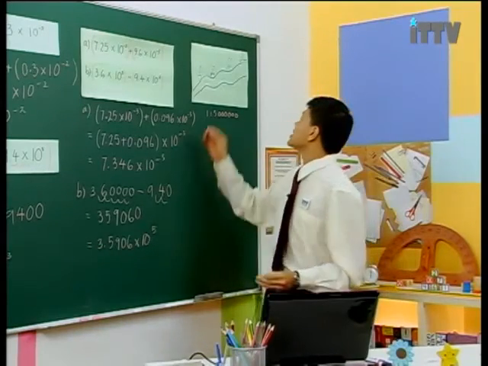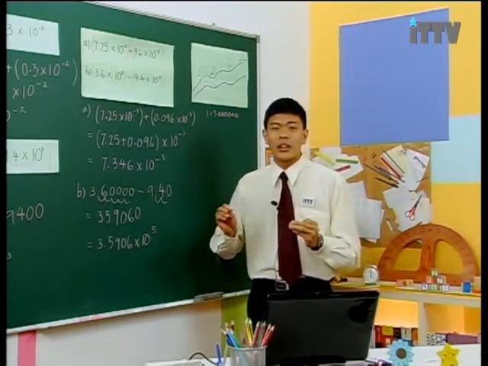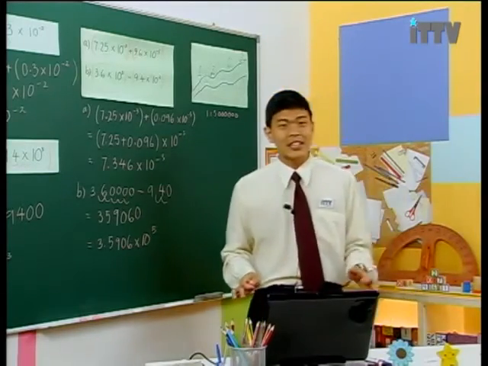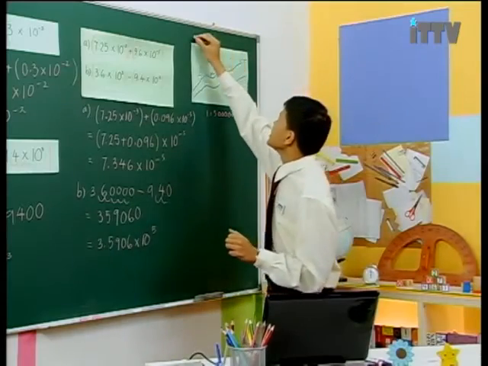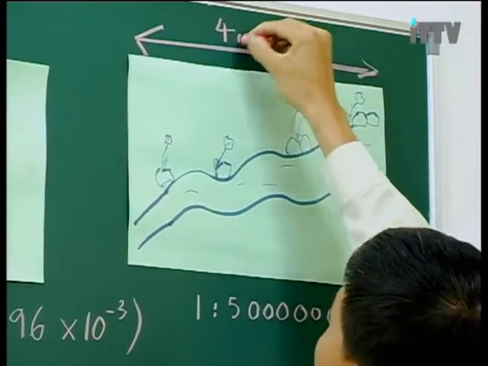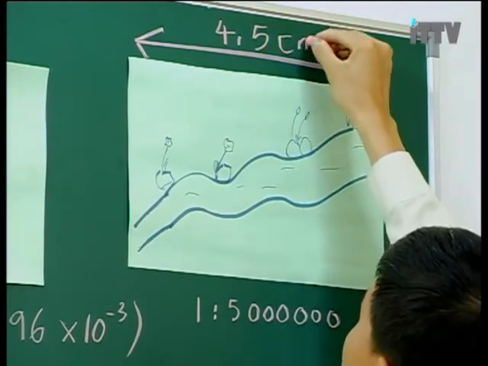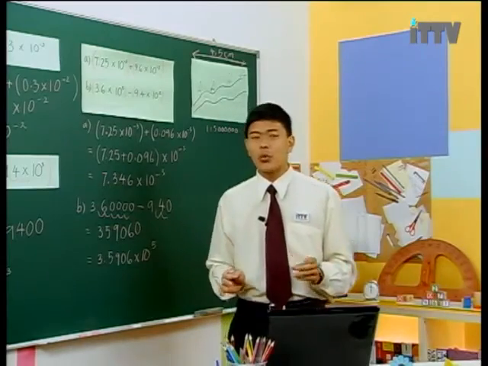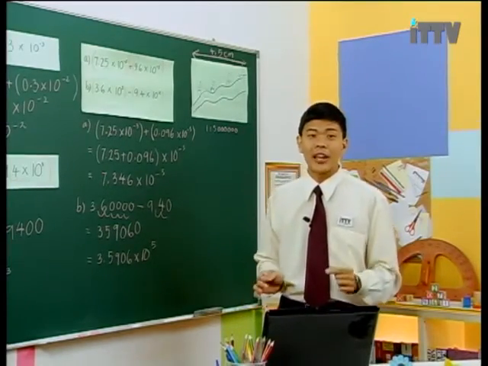And now there is a river on this map, and the river on the map is 4.5 centimeters long. How many kilometers will this river be in real life?